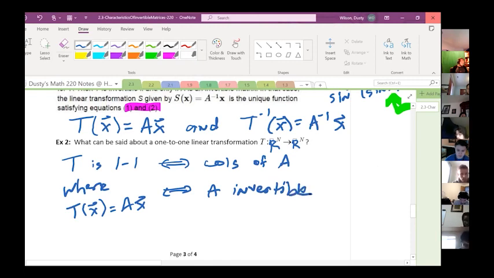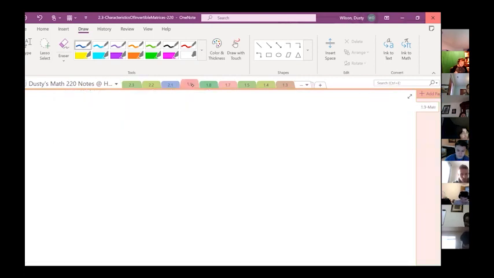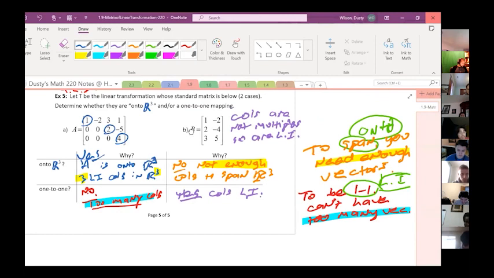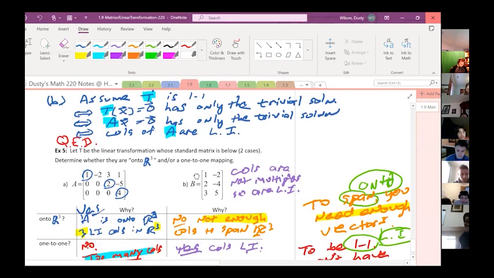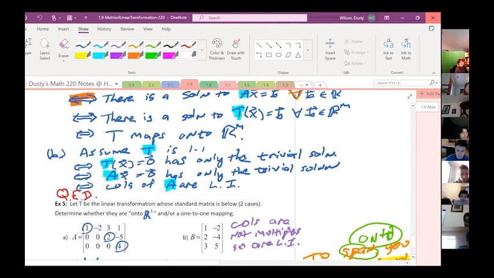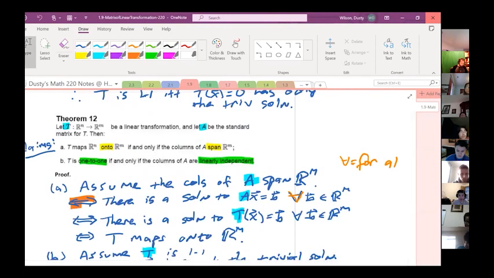But I think what I'm actually after is to go back to section 1.9. If I go all the way back to 1.9, and I think it's theorem 12, it's been a while.